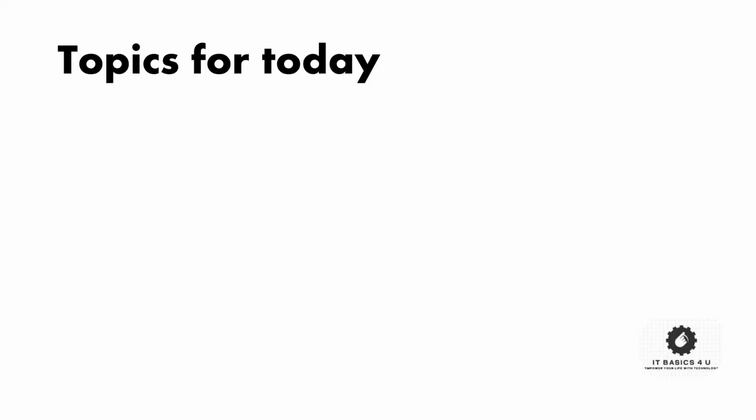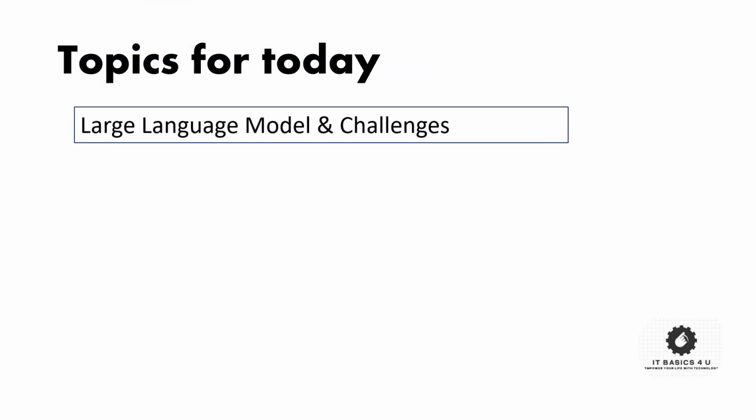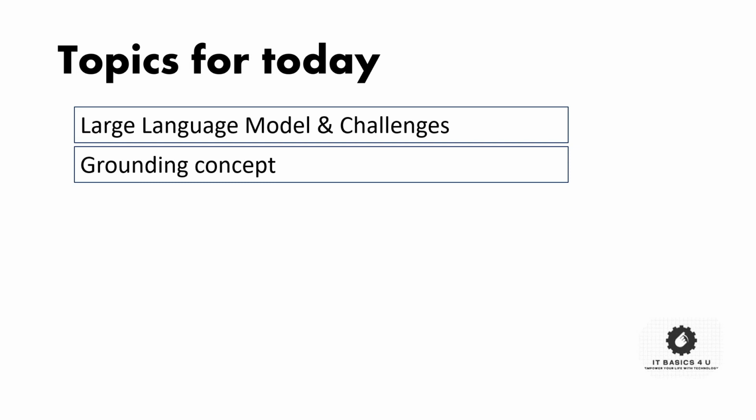So today the key topics that we are going to cover through this video include understanding the large language model, a very basic overview, and some of the industry challenges around large language models. Then we'll cover what exactly grounding is, what the concept is.